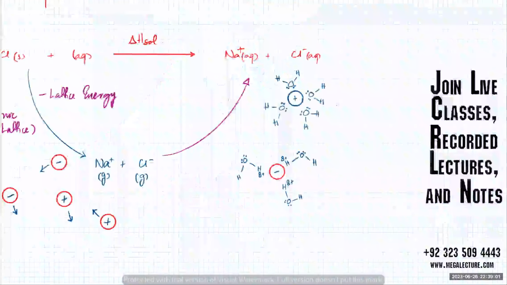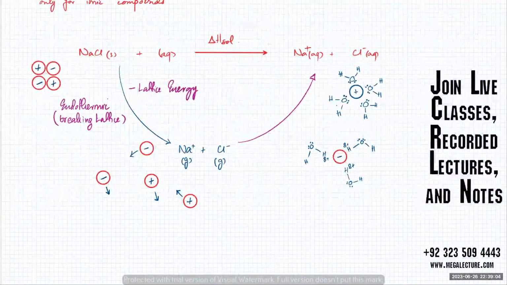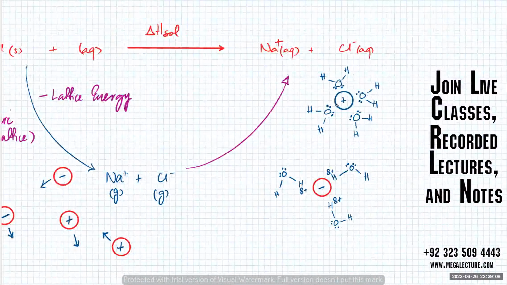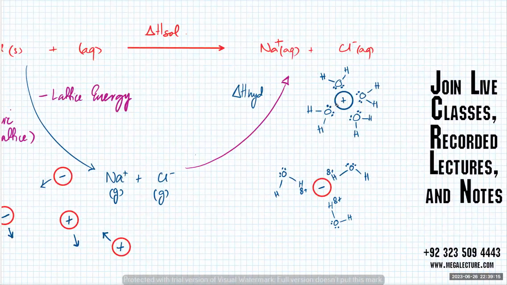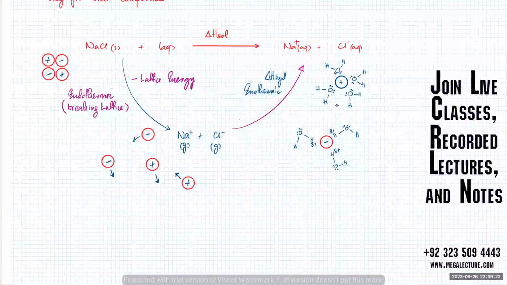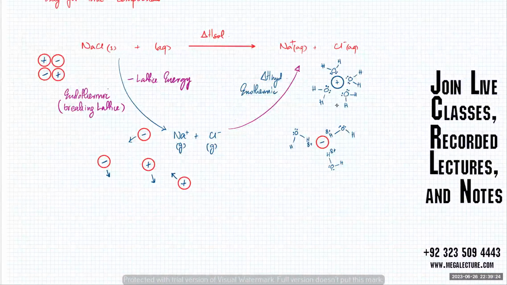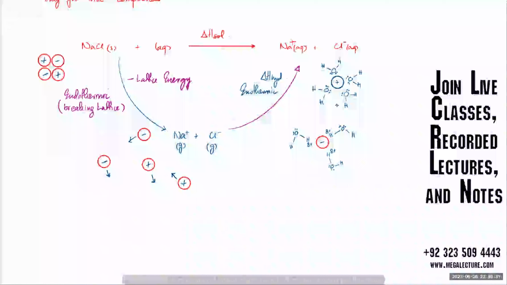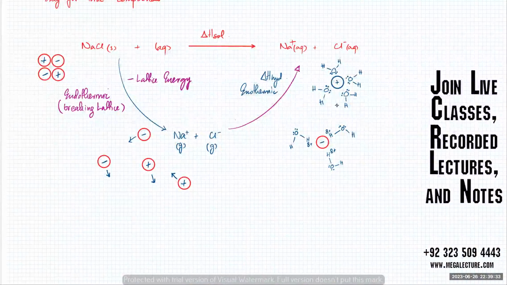Water is a polar molecule, so some part of it will get attracted. And what is this step? This is the enthalpy change of hydration. And that step is exothermic because you're forming bonds. Is that clear? Yeah, that's clear. So basically, when we dissolve something, you break the lattice, and then you expect the ions to form bonds with water molecules.